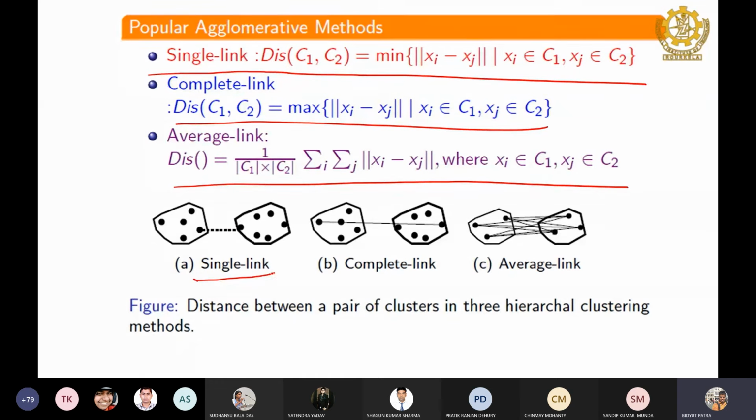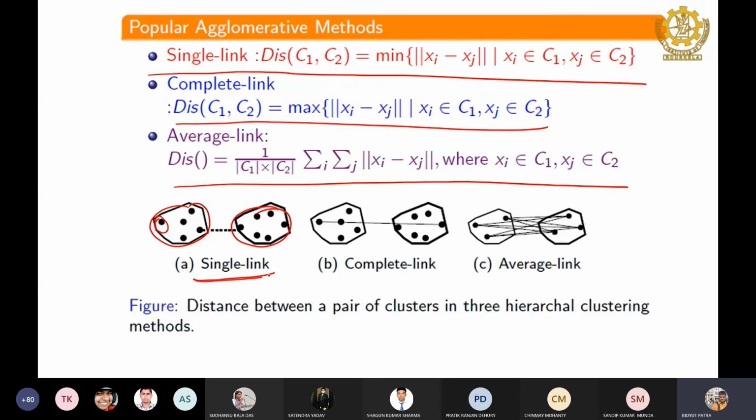So what is the distance from one group to another group? This is the single linkage distance. You have points here, and another cluster of points here. What will be the distance between the two clusters? The distance is the distance between the two closest points, each point taken from a different cluster. So you have to compute the distance from one point to all the other points, and wherever the distance is minimum, that will be the distance between the two clusters.